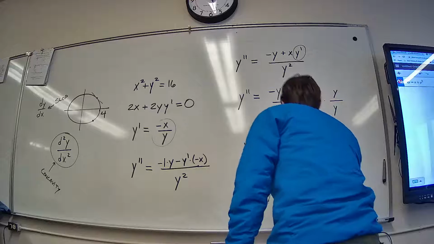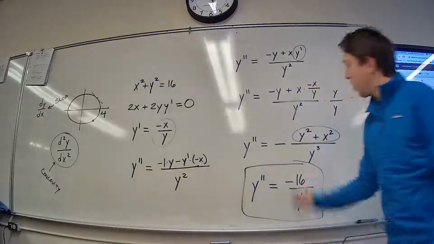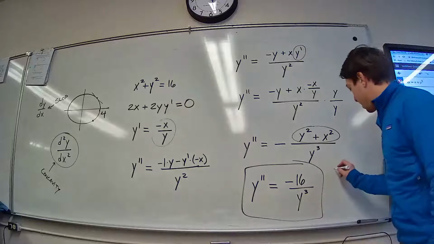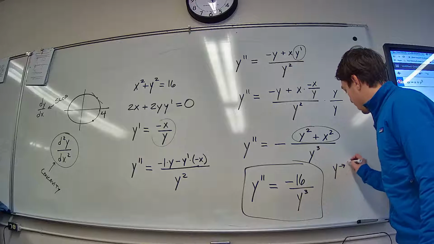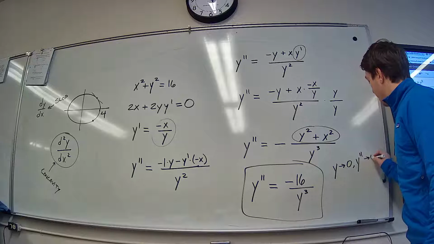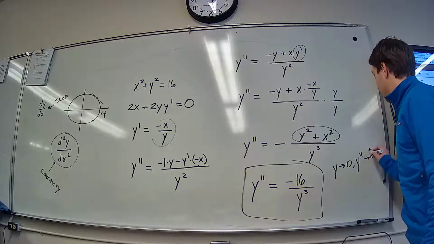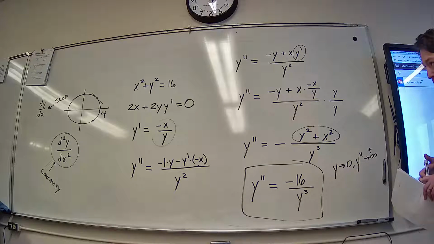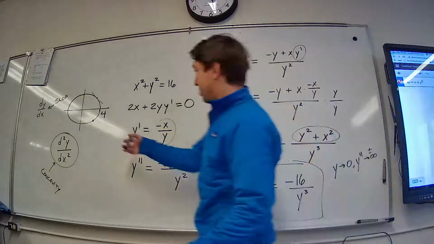Well, that means that 0 is an extraneous solution. What this tells you is that as y approaches 0, the concavity approaches infinity, plus or minus infinity depending on which direction you're coming from, which is kind of fascinating.